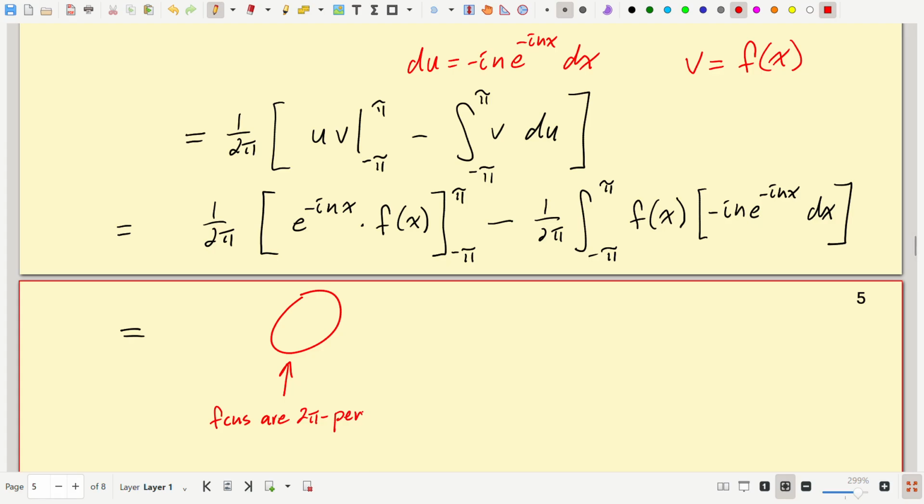They're the same thing at plus pi as they are at minus pi. And then I get minus a minus when I pull this stuff out, and that's a plus. And I can pull the i n out. I times n. Oops, I have a 1 over 2 pi floating along. And what's left is exactly the Fourier coefficient for f, period.